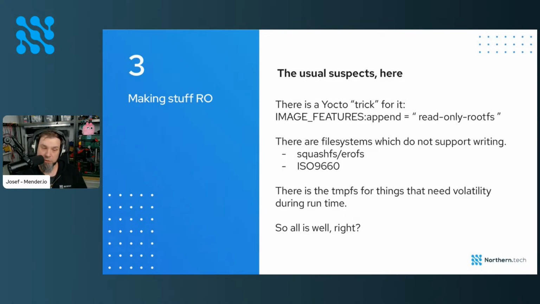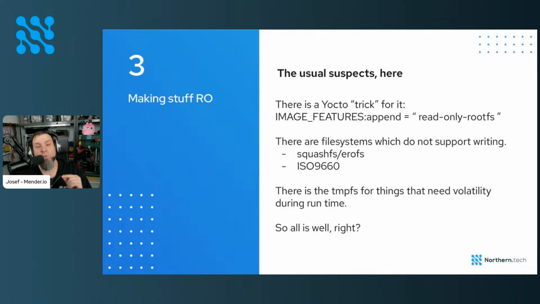Yes and no. Read-only root file system means that whatever you have constructed as your root file system is adjusted such that it is read-only by default. So it is mounted as read-only by default, and all of the directories where the system usually needs to write to unconditionally are moved into tmpfs. That's okay. But still, if somebody wants to still write to this file system, they can still do it. They just have to remount.